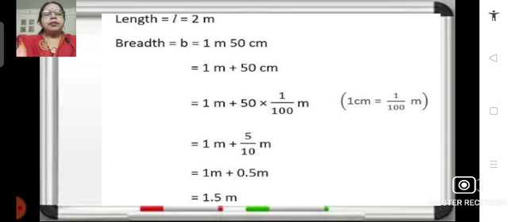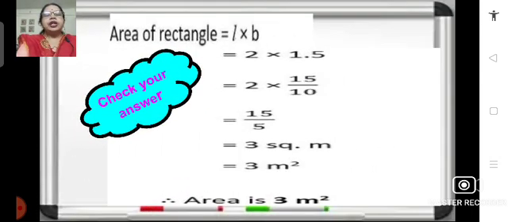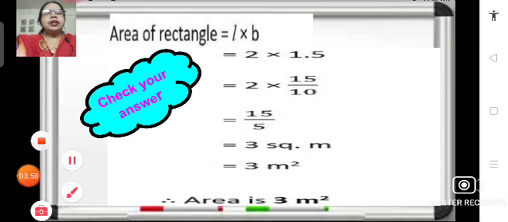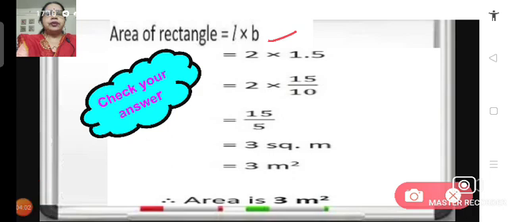Now we have length and breadth both in meters. Now we can find the area of this rectangular tabletop. So area of rectangle can be found by using this formula, length into breadth. So let us substitute the value of length, that is 2 meters, and the breadth in meters is 1.5 meters. So it will be 2 multiplied by 1.5 can be expressed as 15 upon 10, isn't it?